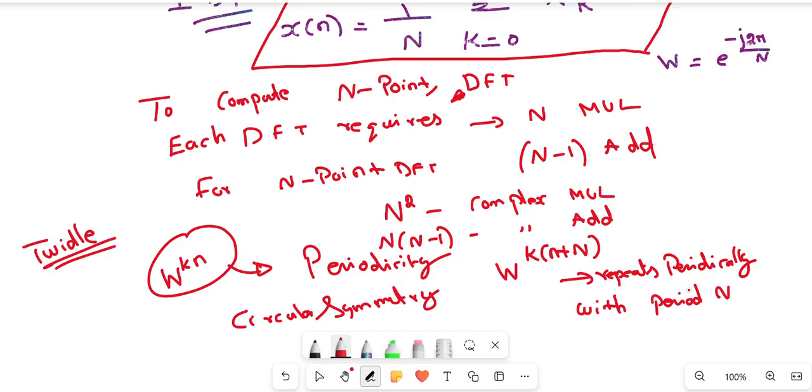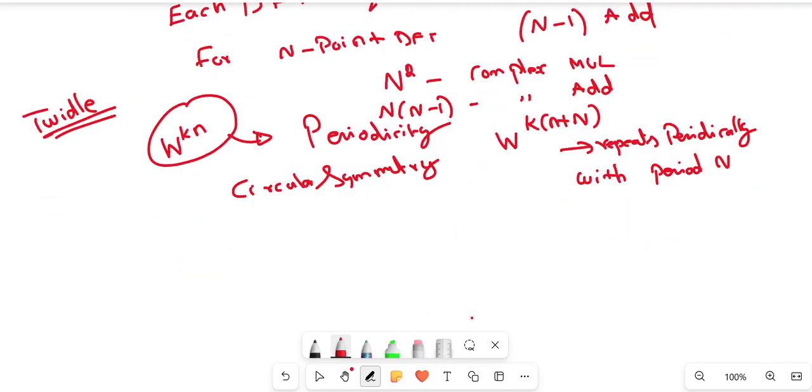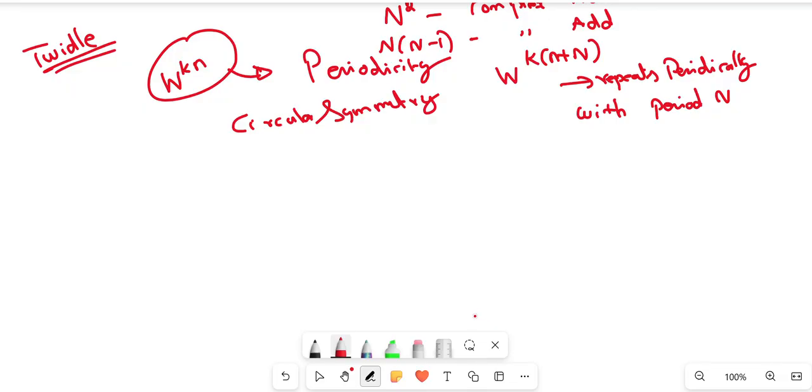For direct computation, we will solve one or two problems and see how to compute it. I will explain the properties also.